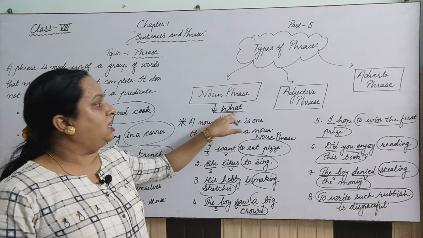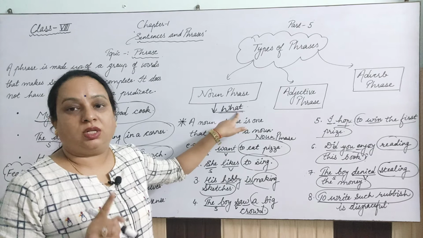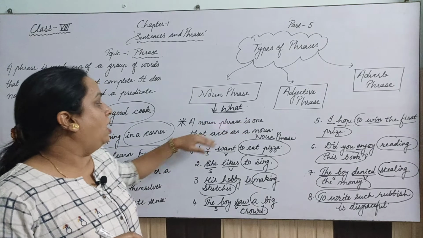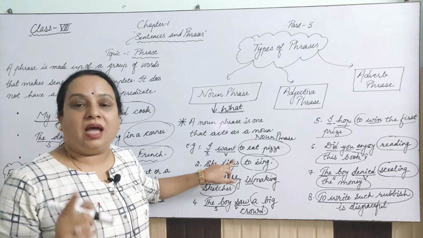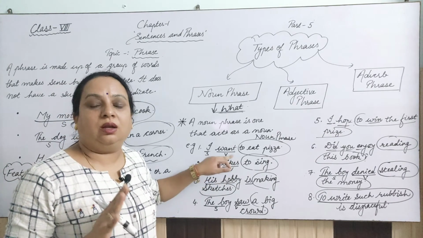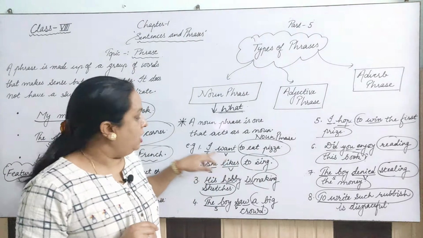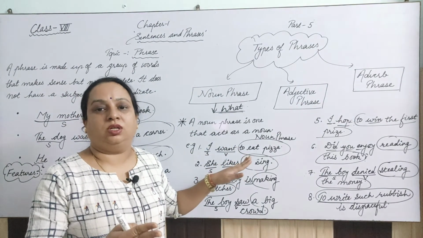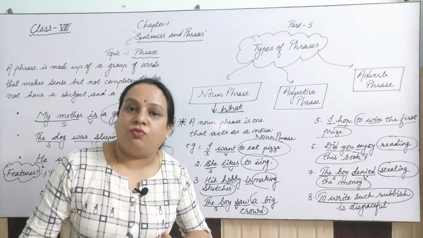And the word which I gave you, the very important thing to get the noun phrase, is what? W-H-A-T. So what you have to do with this word, you have to sort out first the subject and the verb from the sentence, and that subject and verb will help you to make the question. Like I want, what I want, right? And the answer of that question, what I want, was to eat pizza, and that was a noun phrase, right?